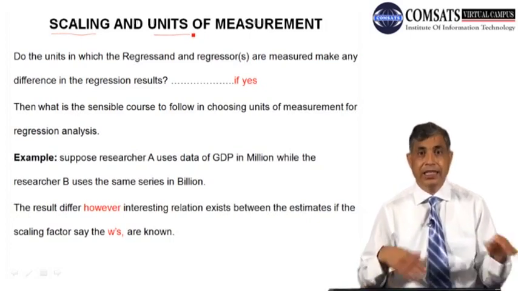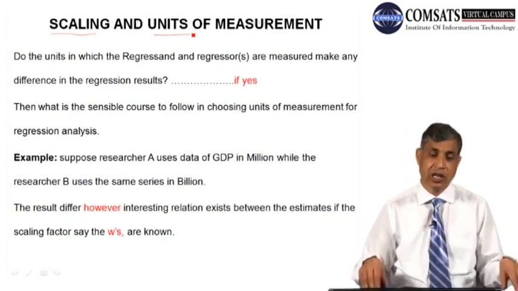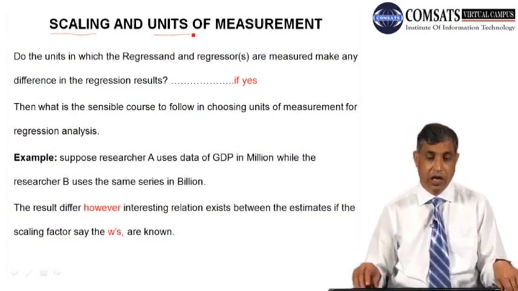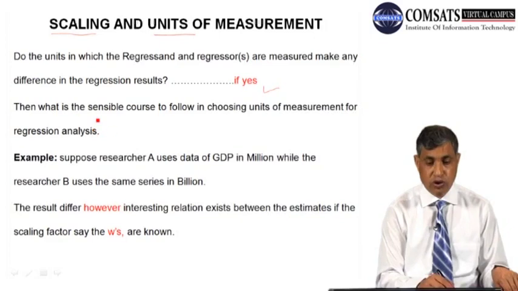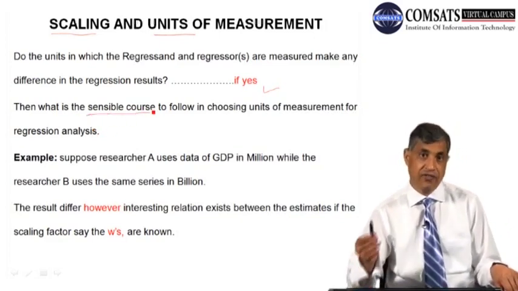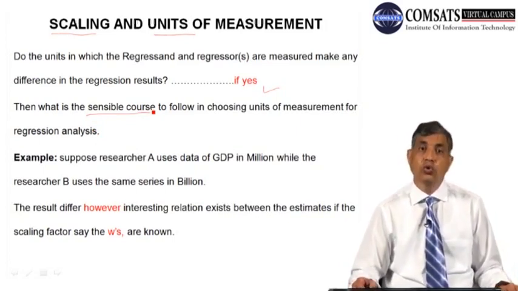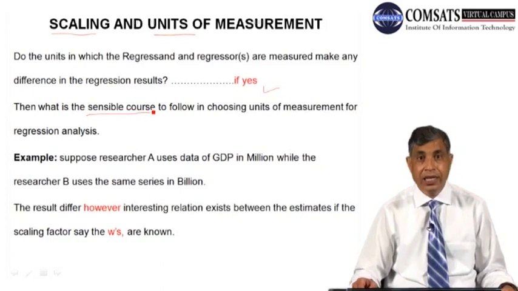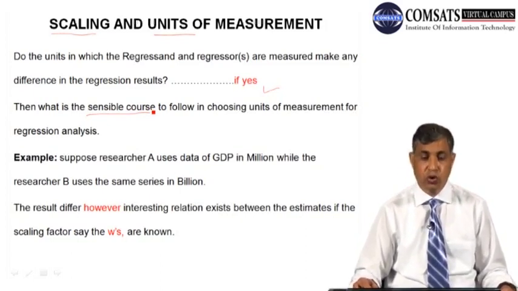But interestingly, some of the parameters and their definitions will become different. So it makes a difference, and if the difference is there, then what is the sensible way to choose which kind of measurement? For example, if you have the chance to select the GDP in billion as well as in million, what is the choice before you?